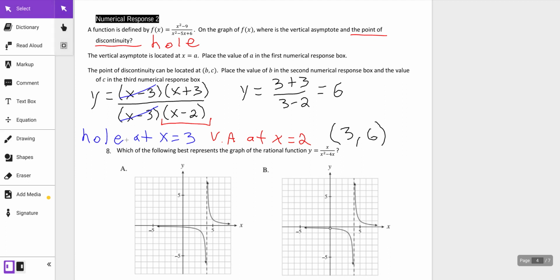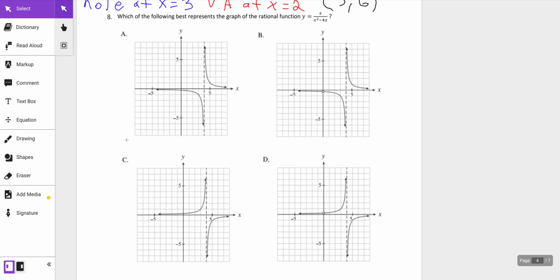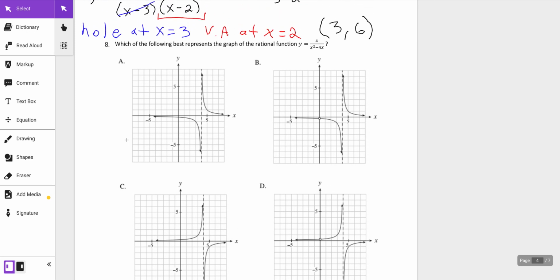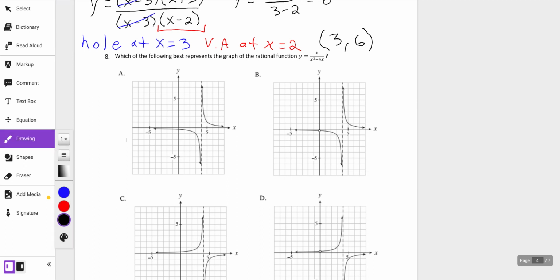All right, number 8. Which of the following best represents the rational function x over x squared minus 4x? Okay, to know which one of these would work best, you could graph it. I suspect some people just graphed in their calculator and figured it out. To do that without graphing in your calculator, I'm going to factor this thing.